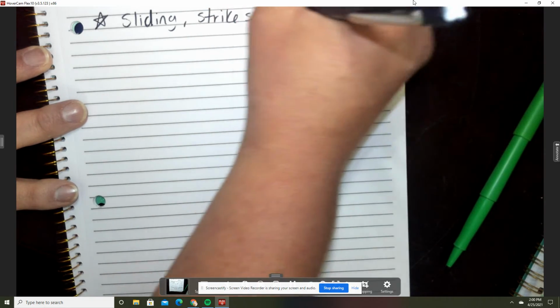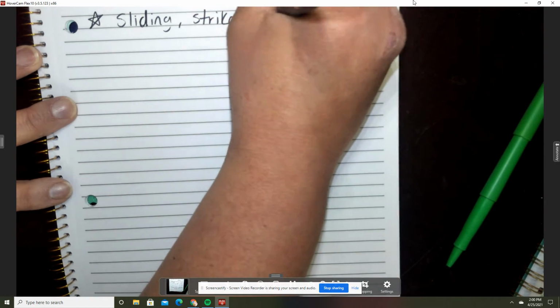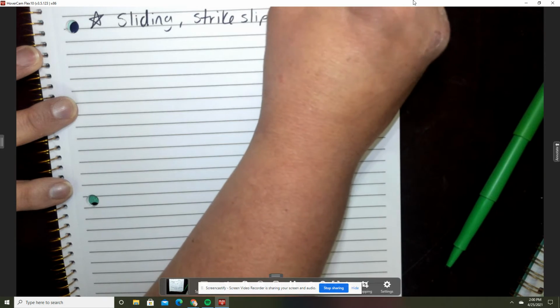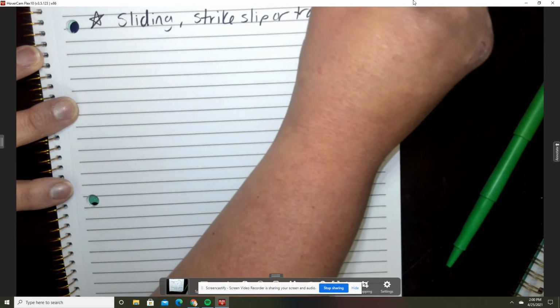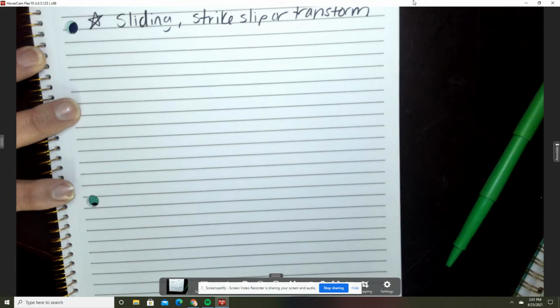Then we have, so this one has 3 names, but I always like to call it transform. But you can call it sliding. And this is probably the one we think of the most. Strike-slip, which I never hear it called that, or transform boundaries.